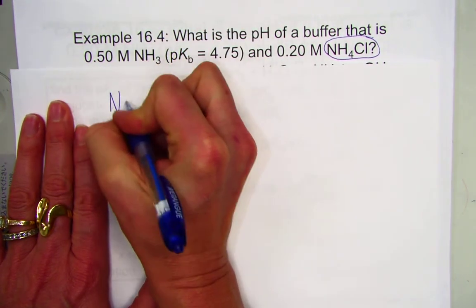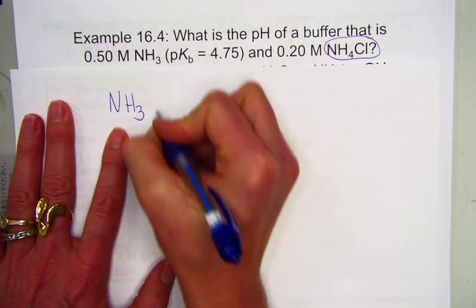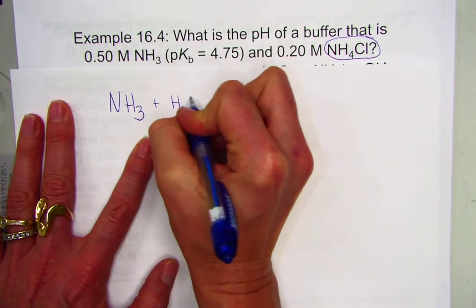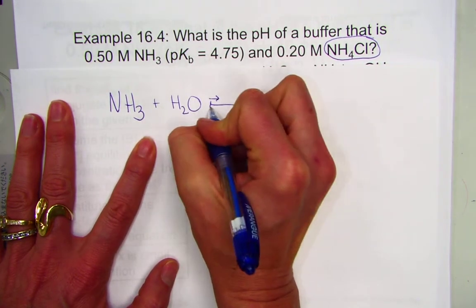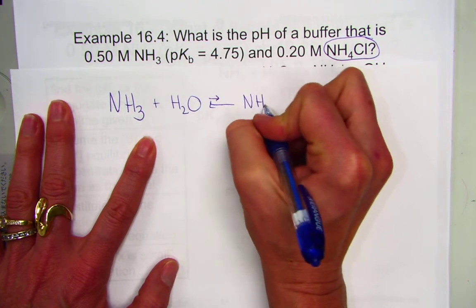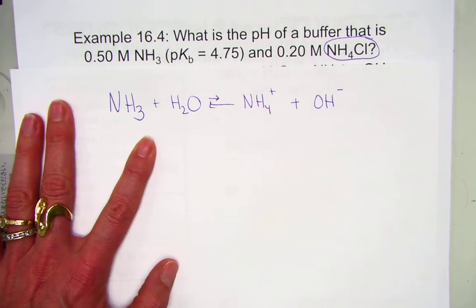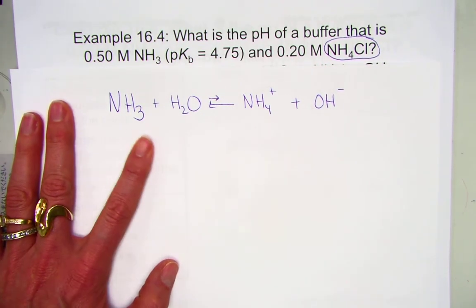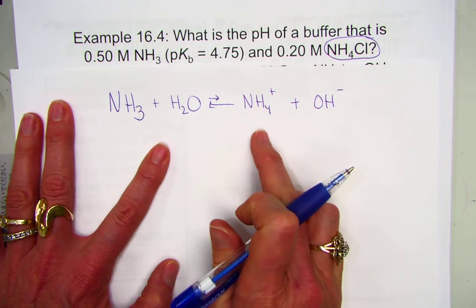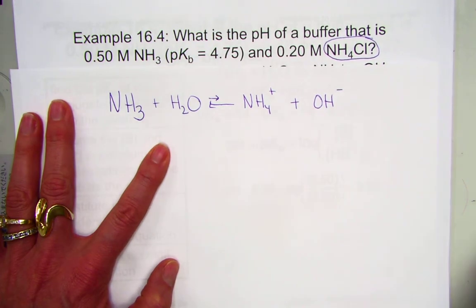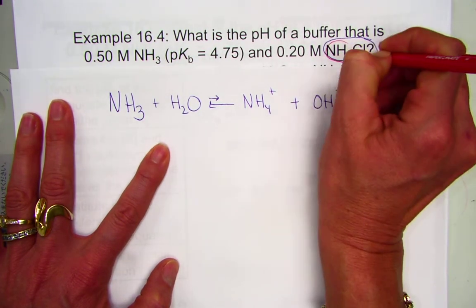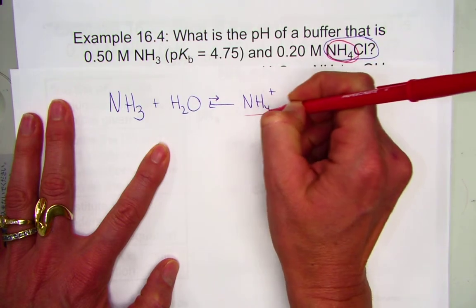So let's take a look at what we know. A weak base, such as ammonia, when placed into water, sets up an equilibrium where its conjugate acid and base are in equilibrium. Ammonia and water make ammonium and hydroxide. See, the common ion is the ammonium ion.